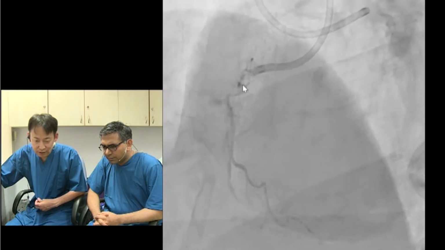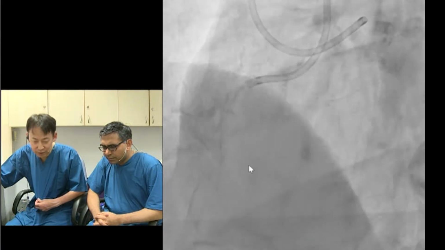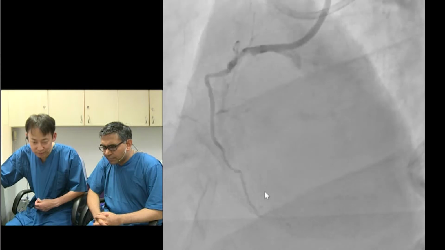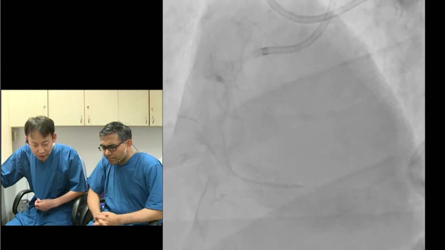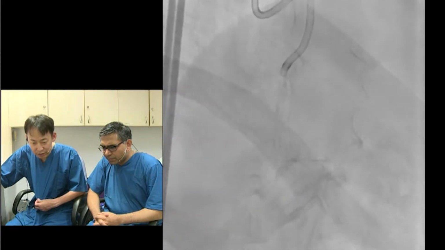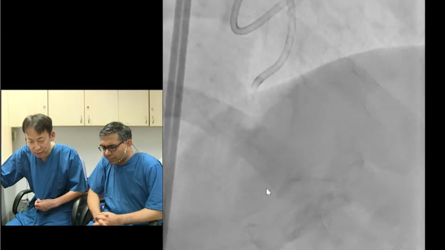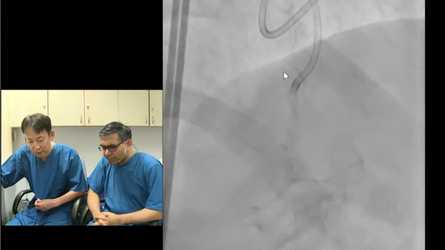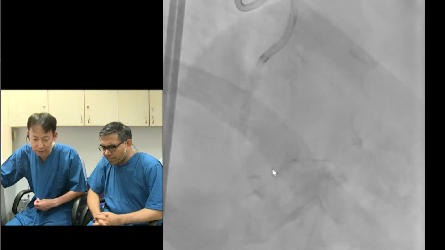So you can see some microchannel or some bridging ipsilateral collateral through the PD RV branch. So of course I checked the AP cranial view. This is the AP cranial view, a shot without contrast. You can see very severe calcification, but this is a very good landmark to know the vessel course.